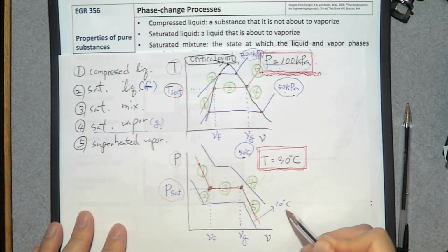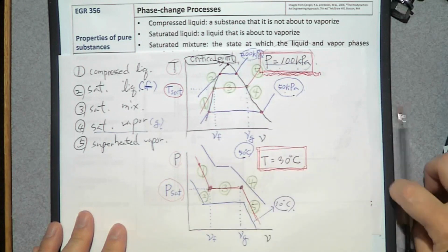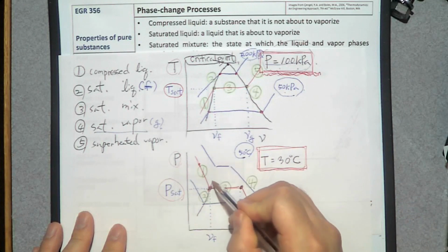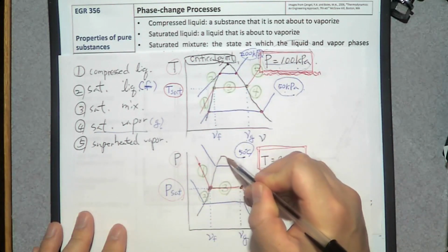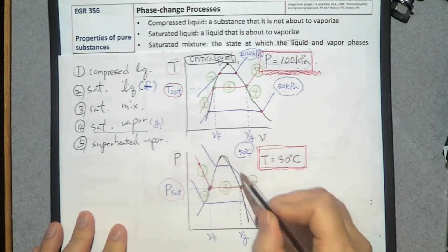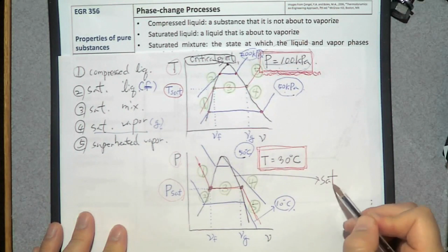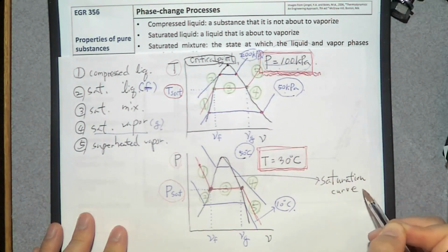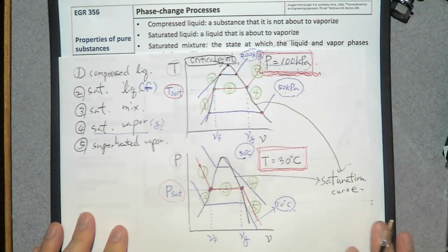So that is for 10 degrees Celsius. Again, you can also make this curve, and the name of this curve is the saturation curve. This one is the saturation curve. The same thing here. Okay.